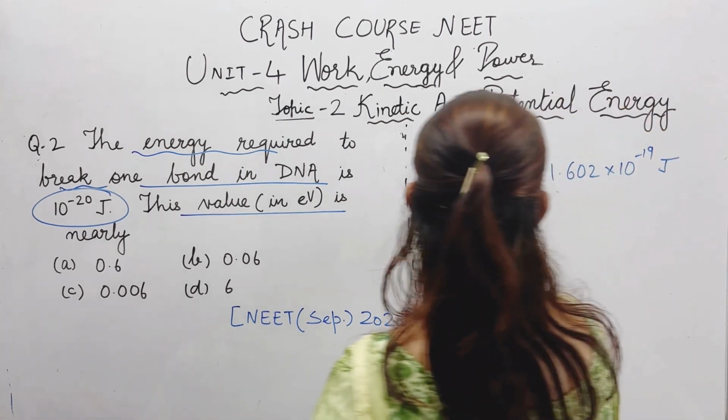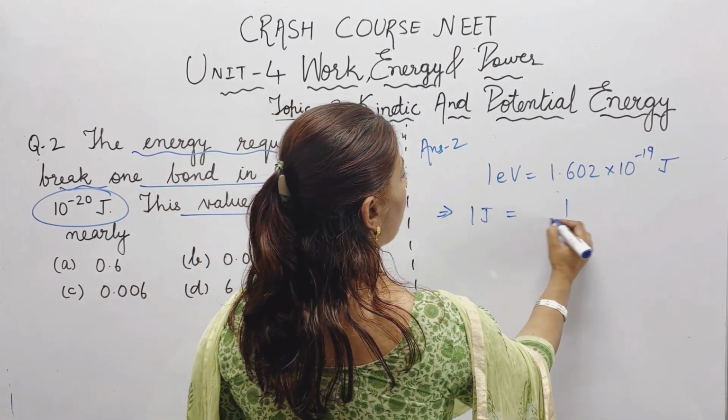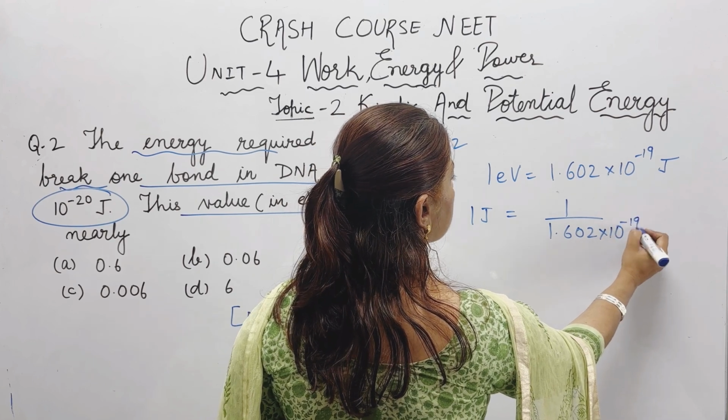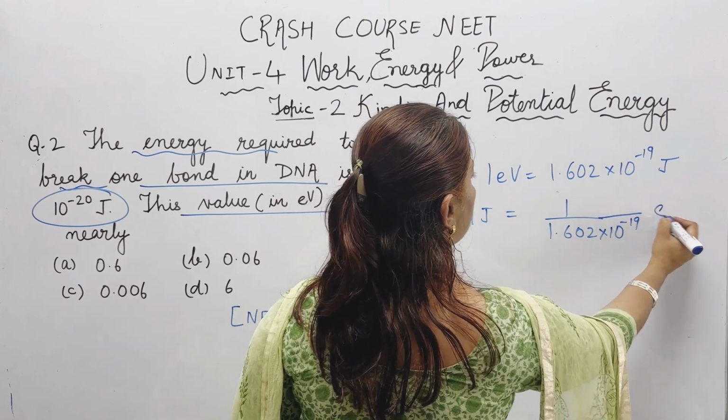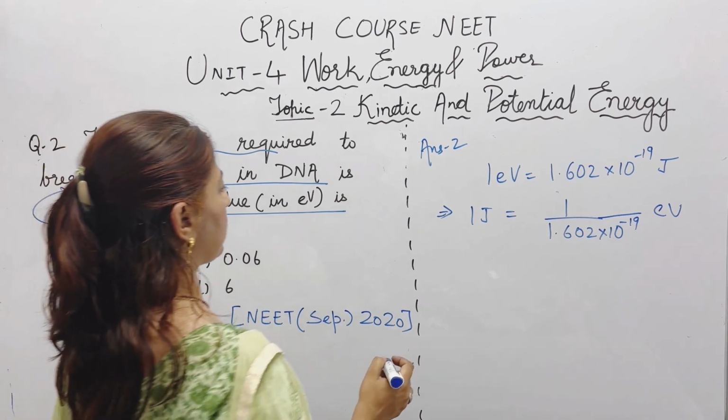Now from here we have 1 joule is equal to 1 upon 1.602 into 10 power minus 19 electron volt. And here it has been asked 10 power minus 20.